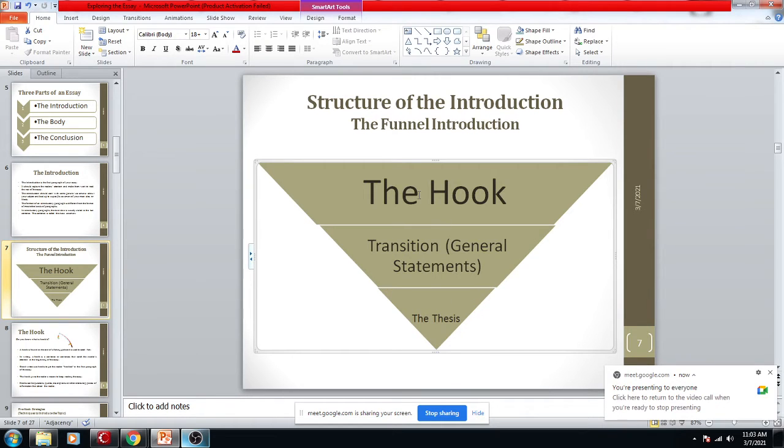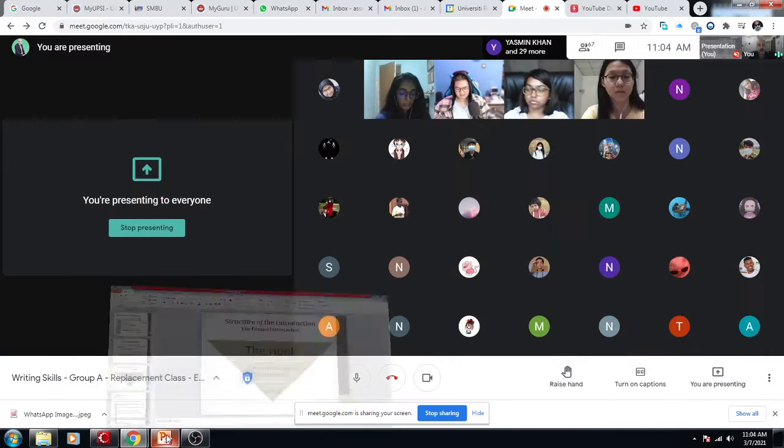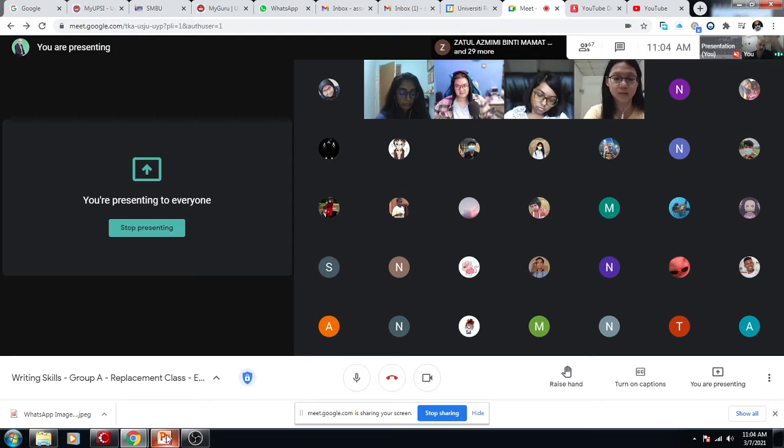The hook followed by some general statements or connecting statements, and then the thesis. So the general statements are the transition between the hook and the thesis. They make the transition from the hook to the thesis. So how are the hook and the thesis statement linked? They are linked by some general statements or connecting statements, forming the transition between the hook and the thesis.